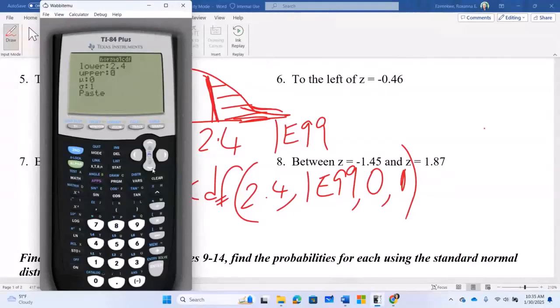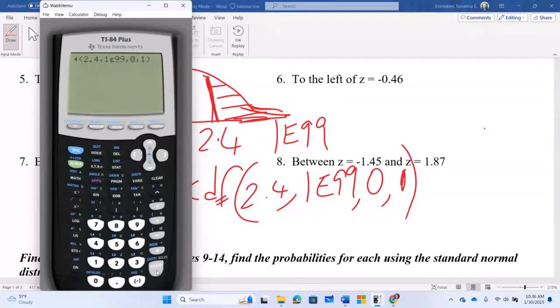Watch it. How do I tell my calculator 1 e to the power 99? How do I type it in? 1, e, second, comma, 99. So I just told my calculator from 2.4 to positive infinity, and the mean is 0, standard deviation is 1.